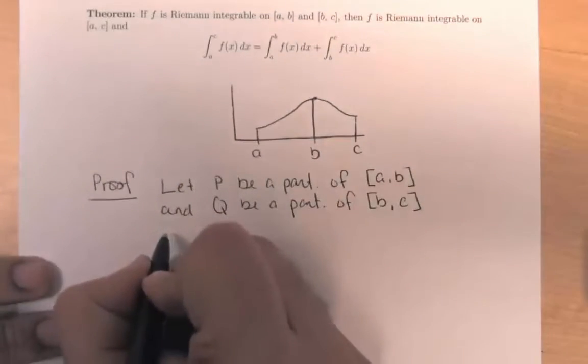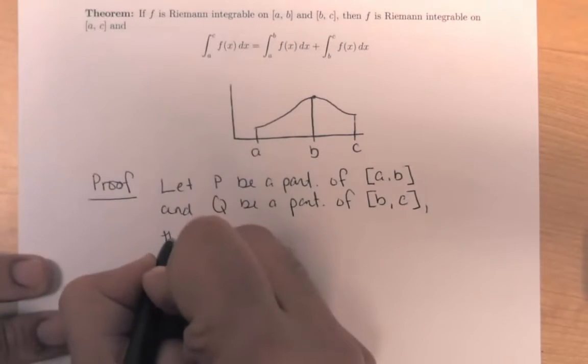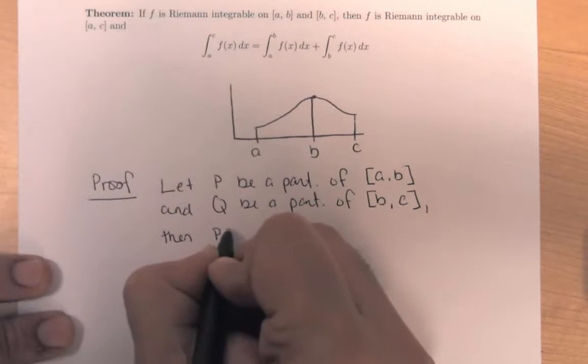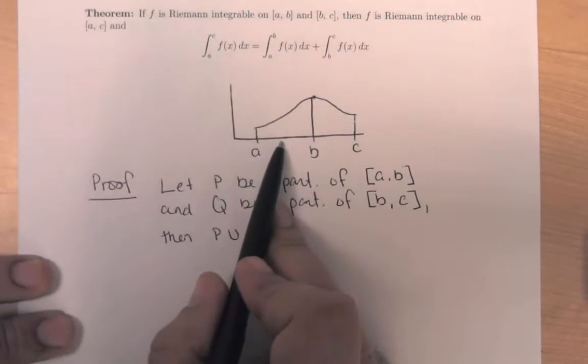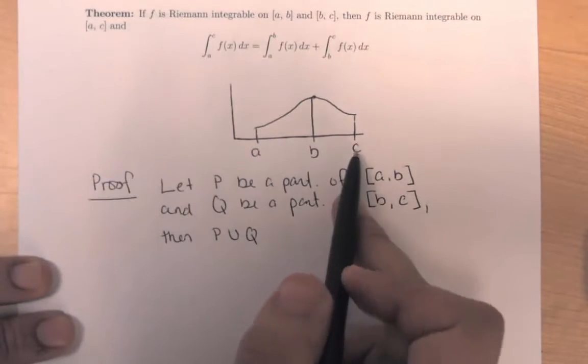Well, if I take the union of these partitions, in other words, if I put this partition together with this partition, I've partitioned a to c.